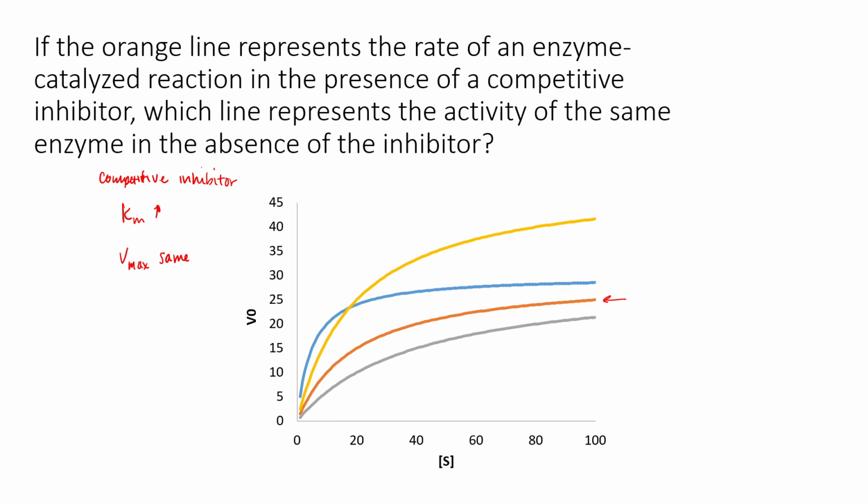So in the absence of that inhibitor, we would expect to see a lower Km, but we would still expect to see the same Vmax. So we can identify two different lines on this graph that have a lower Km. That's the blue one and the yellow one, right? And now we have to think about which one of those is going to have the same Vmax as the orange line.